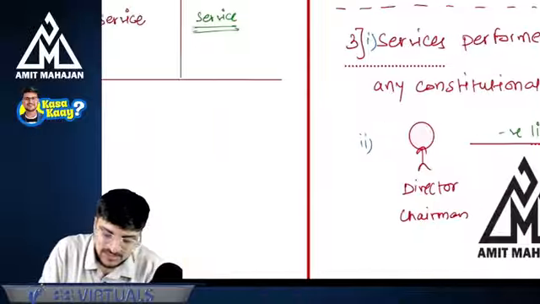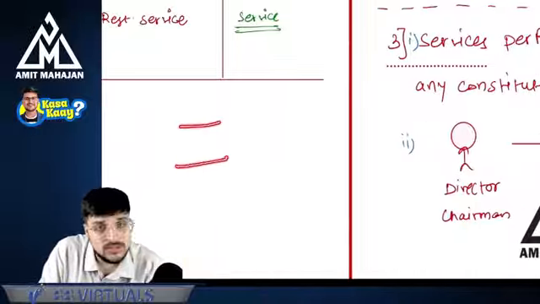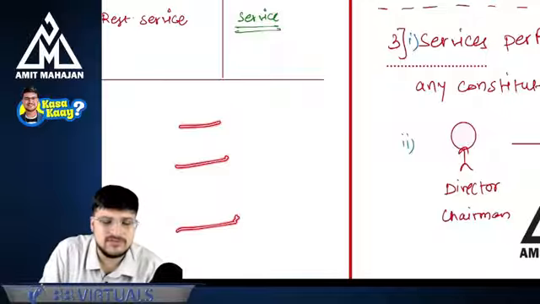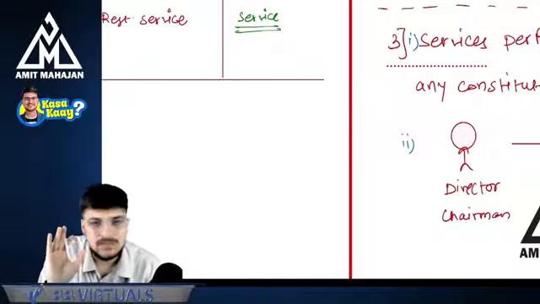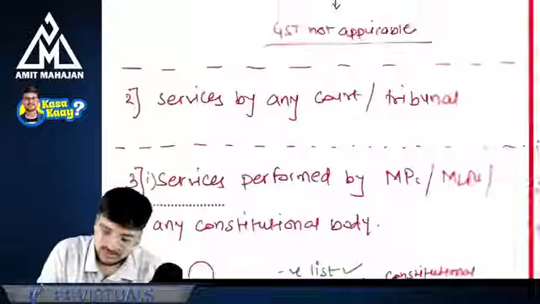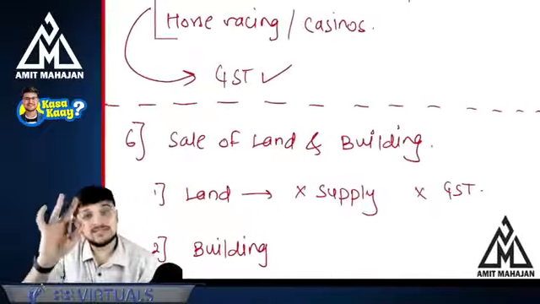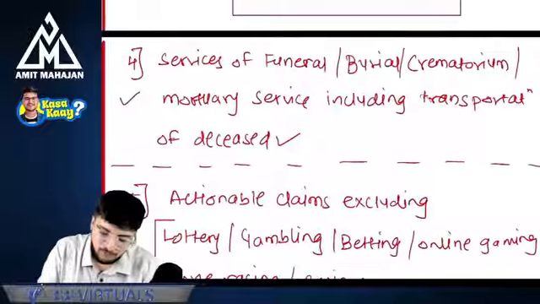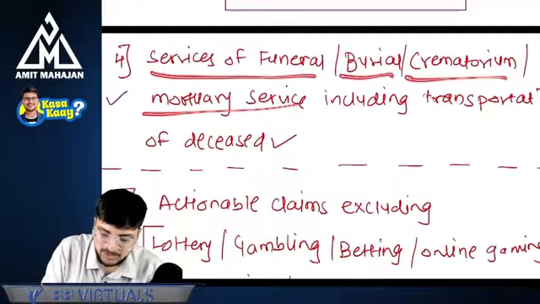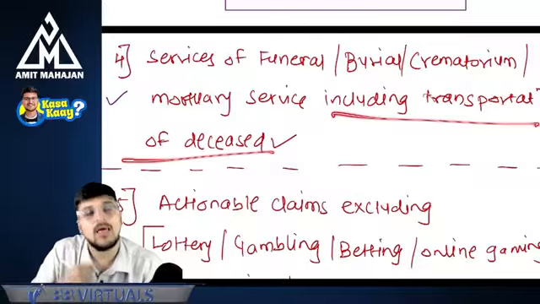Okay. 3 points under negative list: employment, court service, and MP, MLA, MLC service, and a director providing service to the constitutional body, or any chairperson providing service to the constitutional body. These are the negative list points. The fourth one is services of funeral, burial, crematorium, mortuary service, including transportation of the deceased.